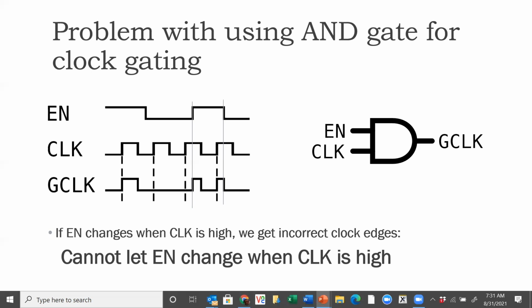One thing we could do is to somehow design the circuit to make sure that the enable never changes state when the clock is high, and that is one option one could pursue, and in principle that can represent a design style. That adds a lot of burden to the design. You have to make sure that the timing of the enable signal and the clock signal is so correctly aligned so that the enable never changes state when the clock is high. That becomes very difficult to implement.